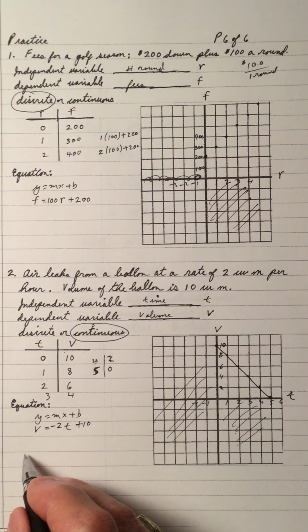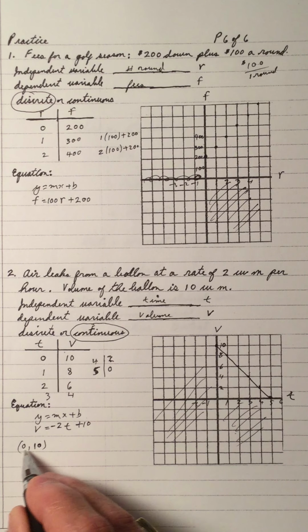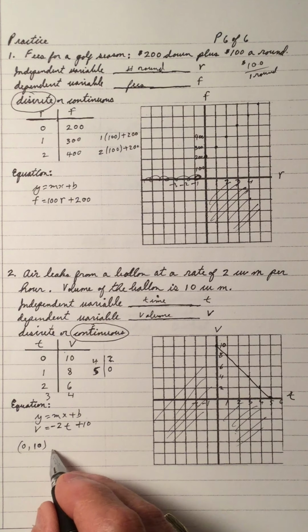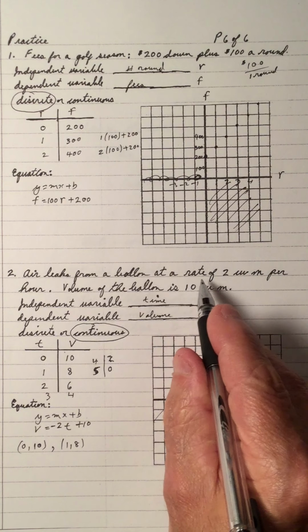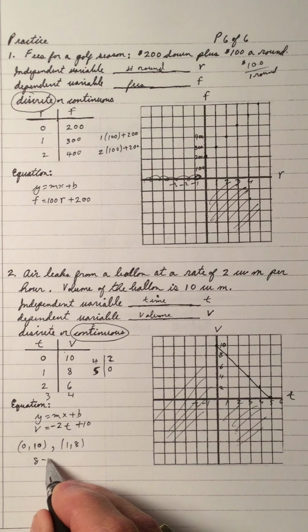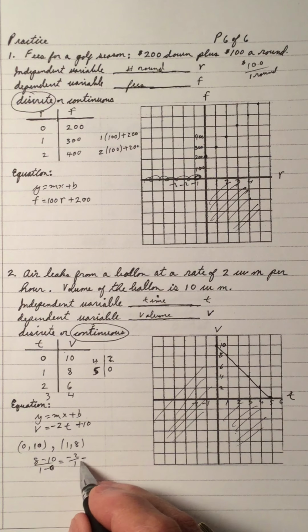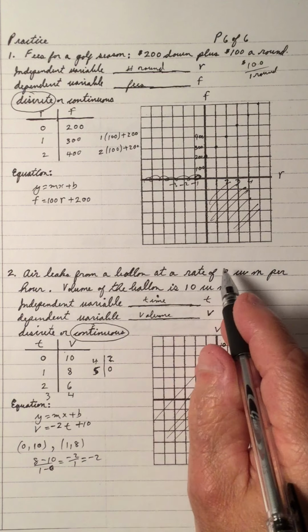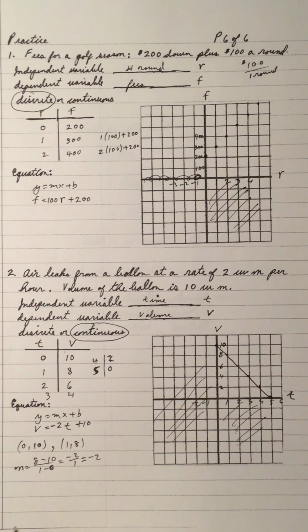But if you did the ordered pairs, which is the same thing, 0 giving you a 10, 0 time starts off at 10. That's your y-intercept at 10. And if you want to figure out your slope, because it's leaking out, it's minus 2, but that's 8 minus 10 over 1 minus 0, so that's negative 2 over 1. So the slope is negative 2, which is what we knew because it's leaking out.